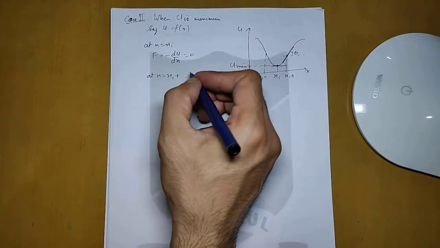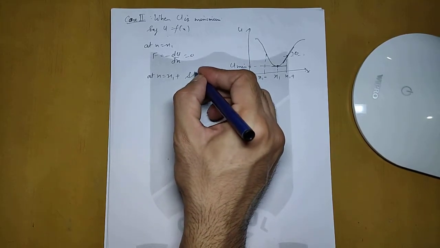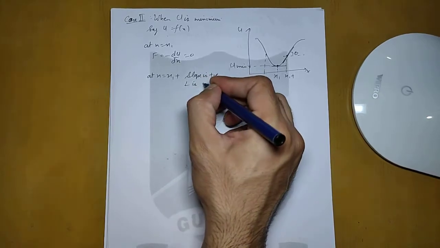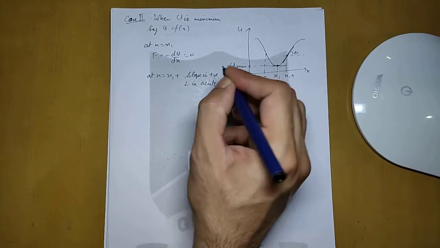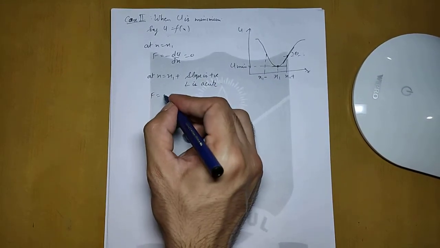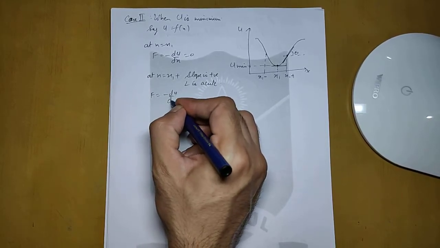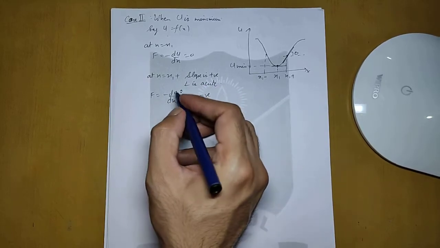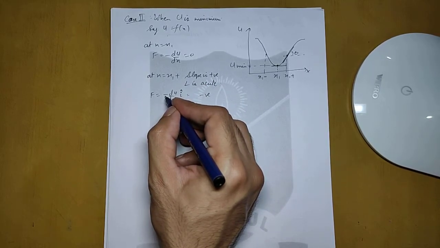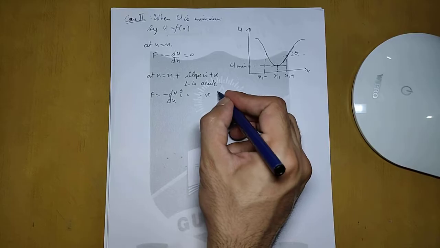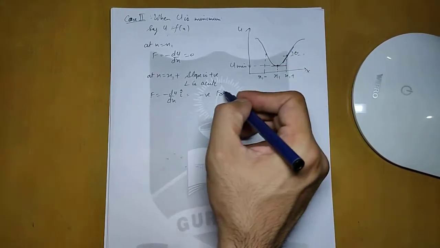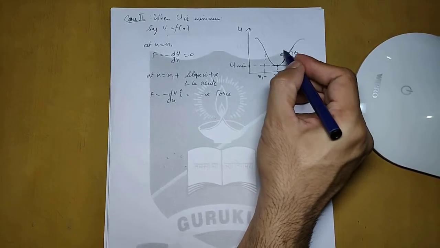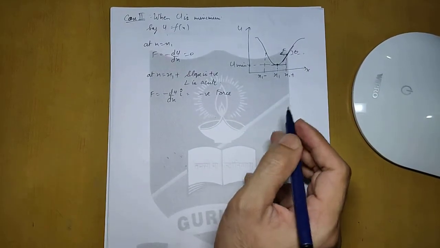So at x equals to x1 plus, we can say that slope is positive and angle which it is making is acute. So that means the force, which is equal to minus dU by dx i cap, will be negative, because dU by dx is positive, minus sign is already there, so the force is negative. Negative means towards the negative direction. So at this point the force will be towards the left.